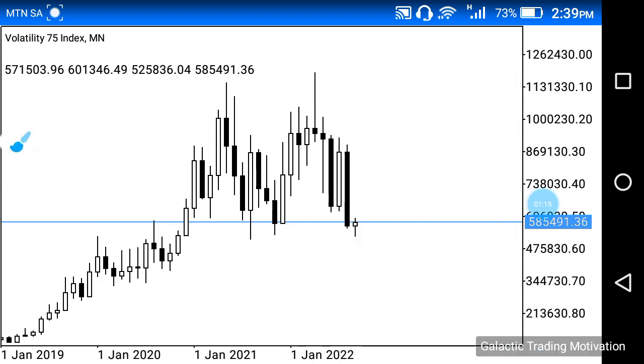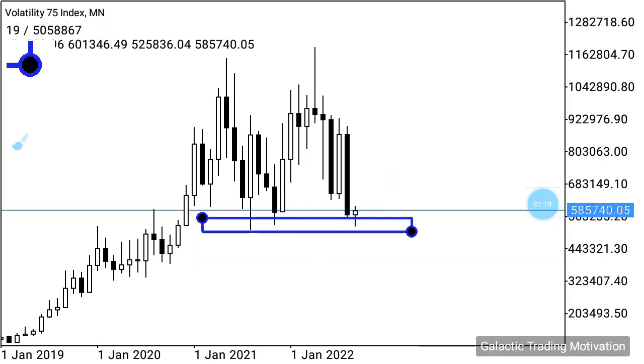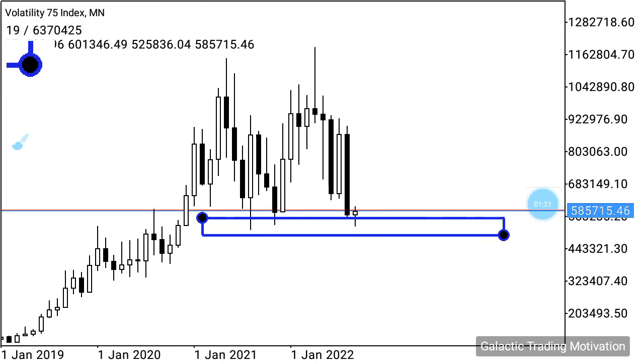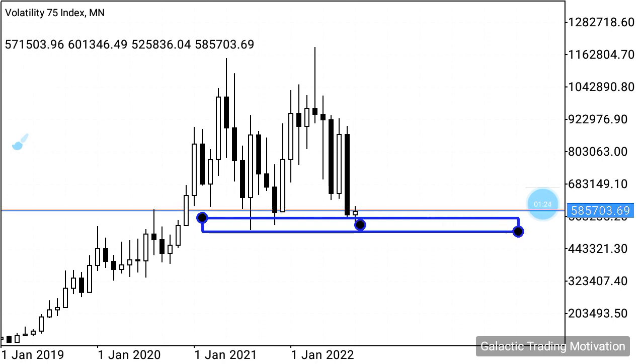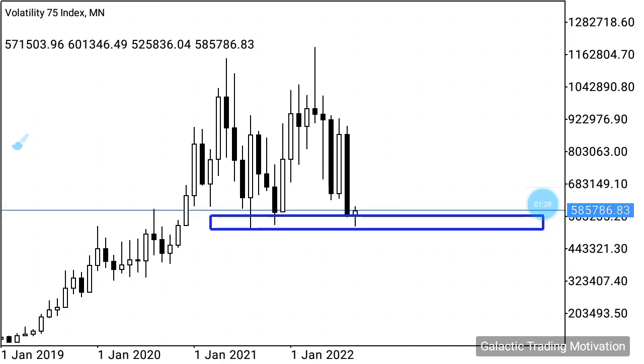So what I'm going to do is add a neckline to that M structure, because it is very important and it's an area that we need to keep an eye on. So there goes our neckline, which is also a very strong level of support, right?